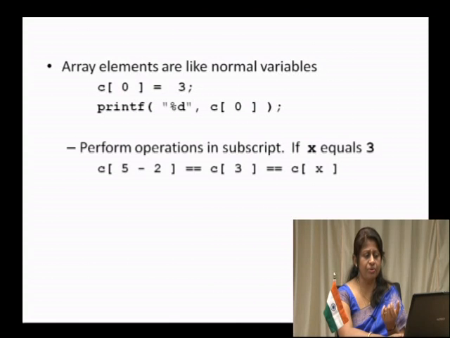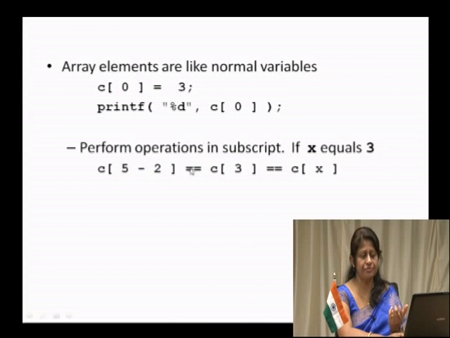This fourth element could be written as C of 5 minus 2. Here, 5 minus 2 is an expression, and I am putting that expression in the subscript place, or the index place. 5 minus 2 is computed and the value 3 is obtained, and because of that I am accessing C of 3.